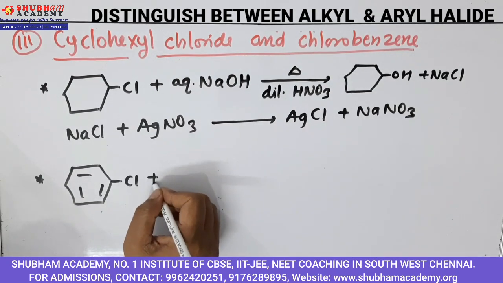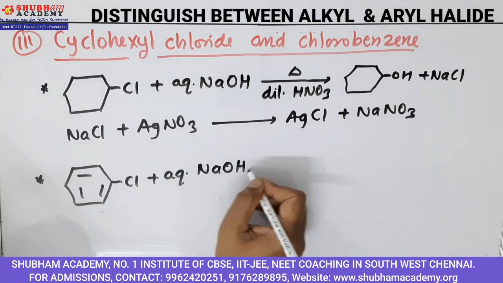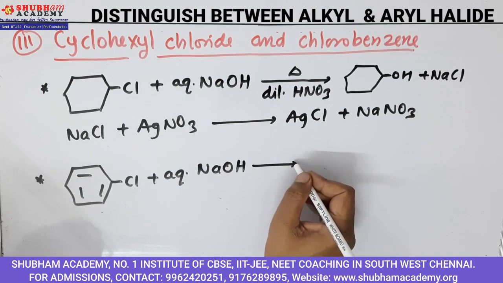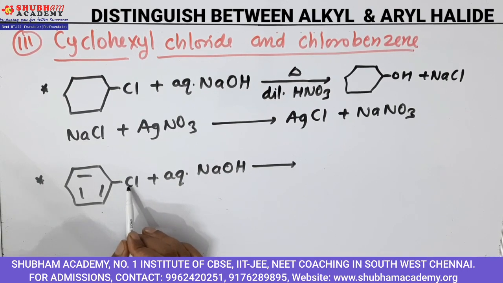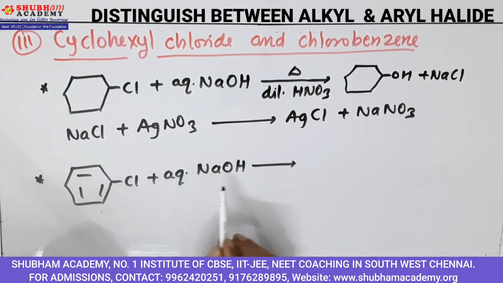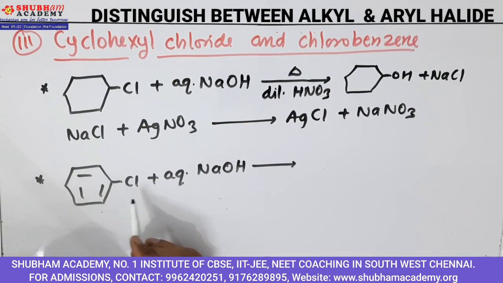Okay. Now, if you treat chlorobenzene with aqueous NaOH, right? Again, you see here there will be a resonance, due to which you will get a partial double bond character between this C and Cl. As a result of this, the bond strength of this bond increases and it is difficult for OH minus to substitute Cl minus, right.